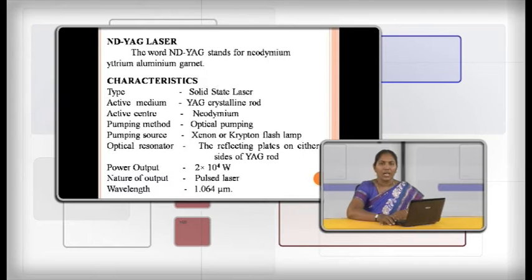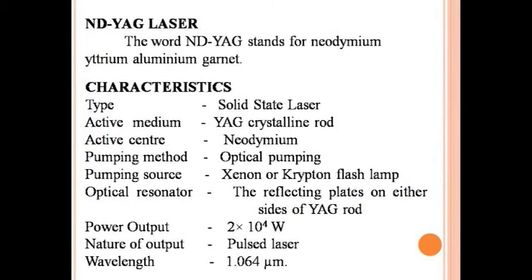In this, Nd3+ ions, that is neodymium, are doped into the yttrium aluminum garnet. The type of laser used here is a solid state laser, the active medium is a yttrium aluminum garnet crystalline rod, and the active center is neodymium, that is Nd3+ ions.